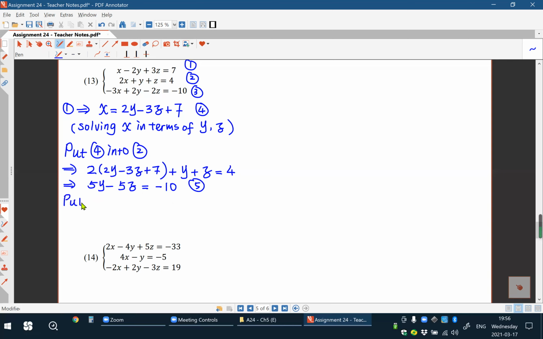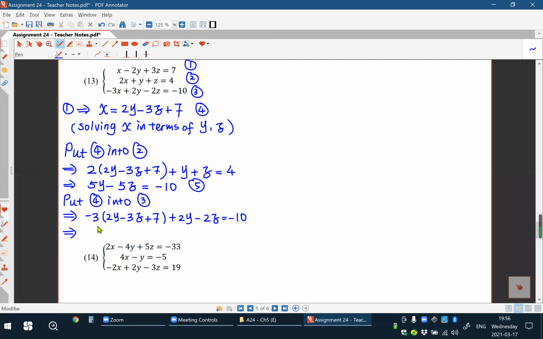Using the same way, of course, we can put number 4 into 3. If you put 4 into 3, what will you get? You will get minus 3 times x, x is 2y minus 3z plus 7, and plus 2y minus 2z. Just copy the rest of the terms. Let's simplify.